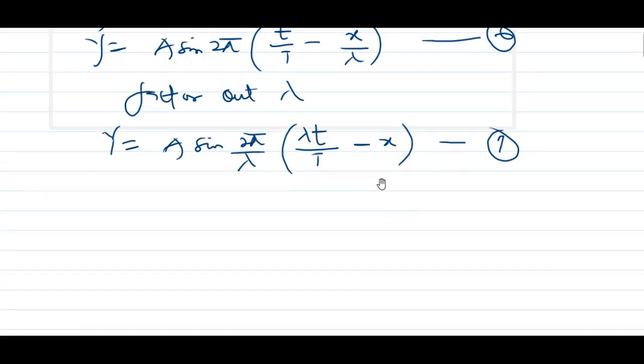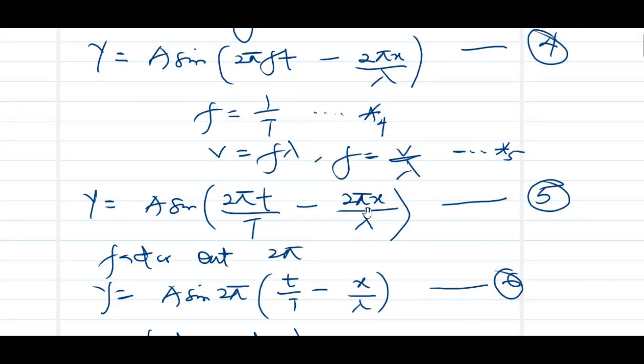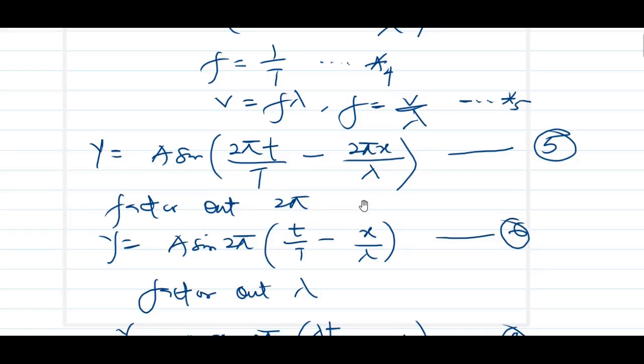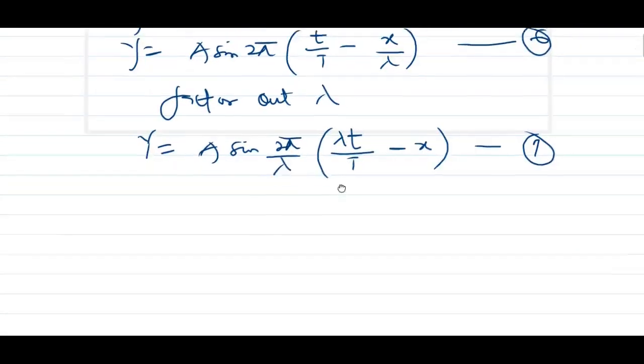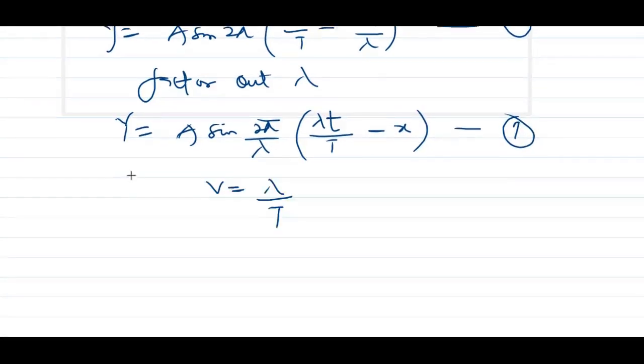Then from equation star 5, I said v equals f lambda, all right? If v equals f lambda and f equals 1 over T, then we can say v equals lambda over T. So, alright, if v equals lambda over T, anywhere you see lambda over T, you can put v in equation 7.